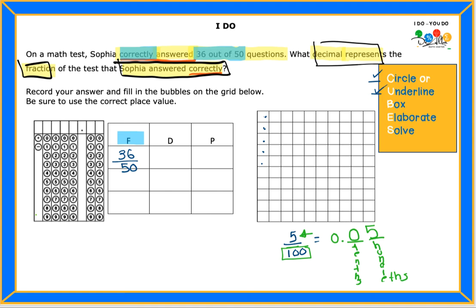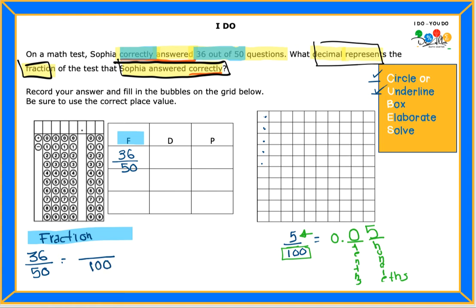So now here on this section, for the fraction, I'm going to rewrite my fraction. Remember how we can simplify our fractions, or we can rewrite them to our convenience. So one denominator that really is going to help me is having a denominator of 100.